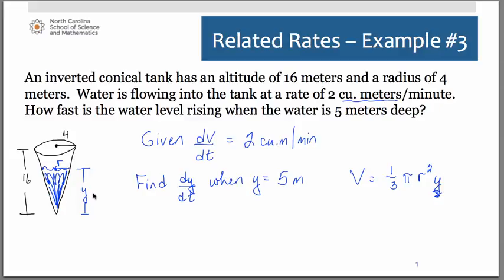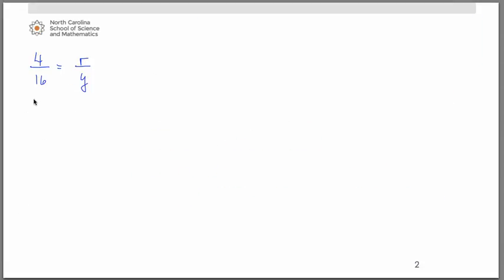Now remember, with proportions, there's lots of different equivalent ways to set them up. So I'm just going to do it this way. 4 over 16 equals r over y. When we solve this out, and remember we want to solve for r in terms of y, if we divide both sides by 16, we have 1/4 y is equal to r. So what we're going to do is take that and substitute it into our volume equation.